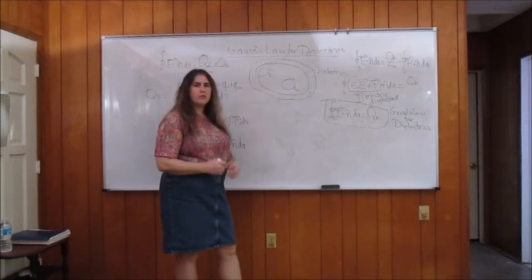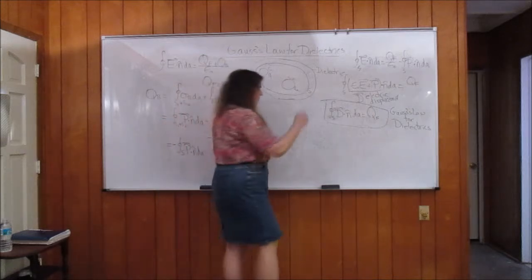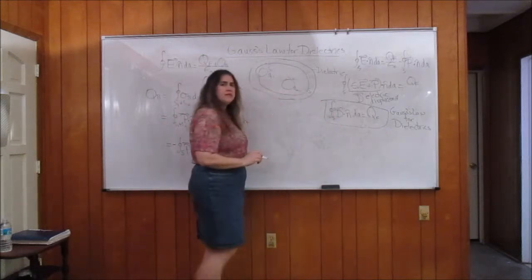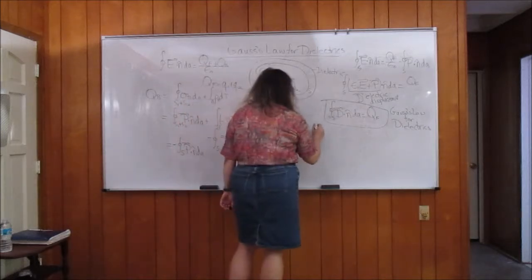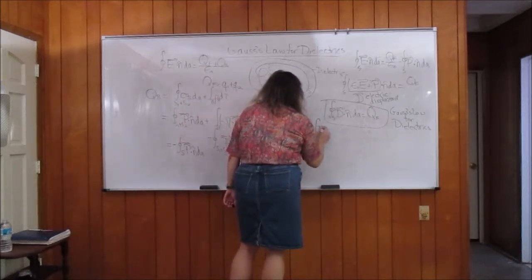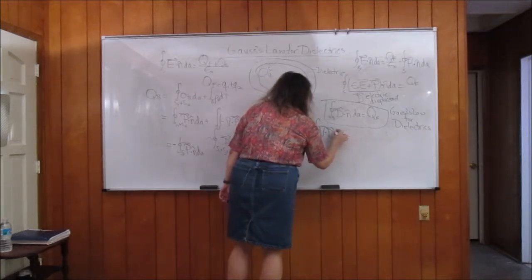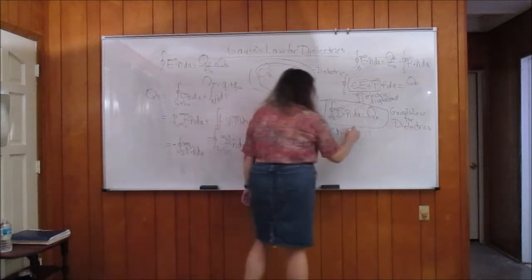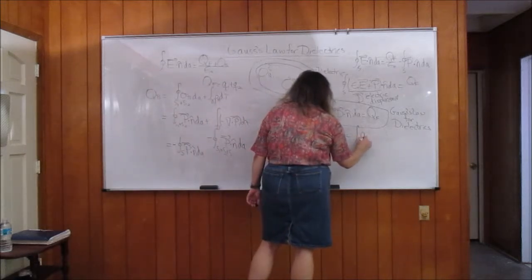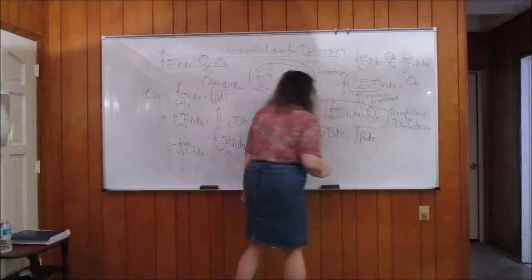Another convenient form for this is in differential form. So I'm going to convert this left-hand side to a volume integral using the divergence theorem. And over on the right-hand side, I can write the free charge as a volume integral.